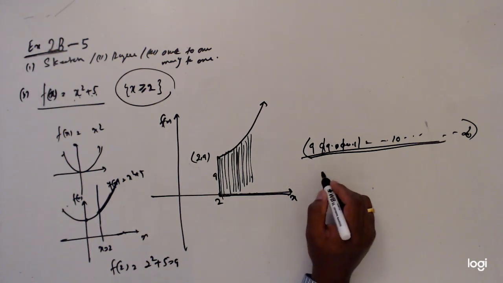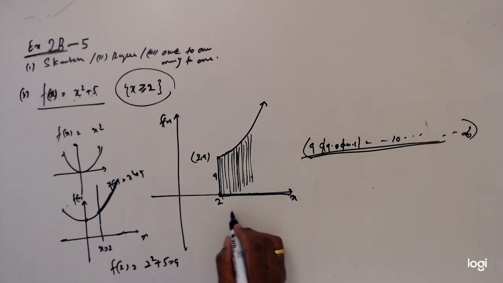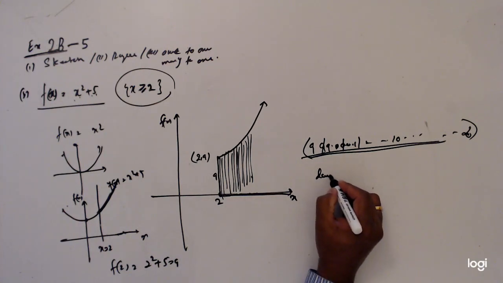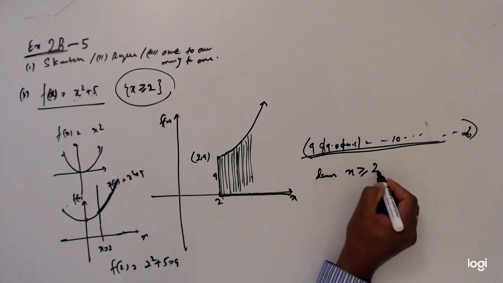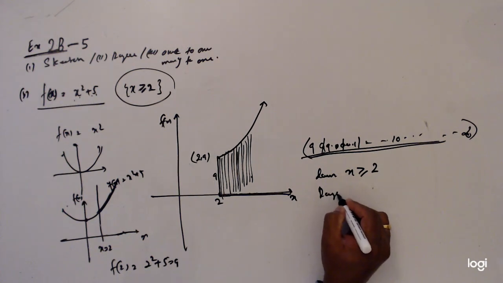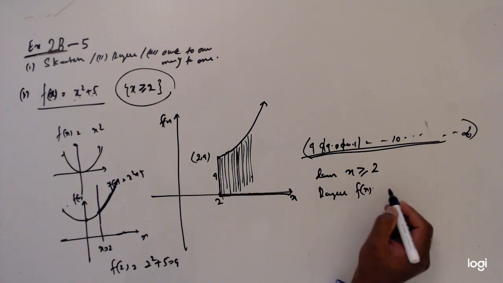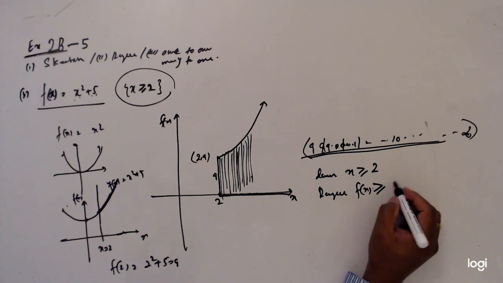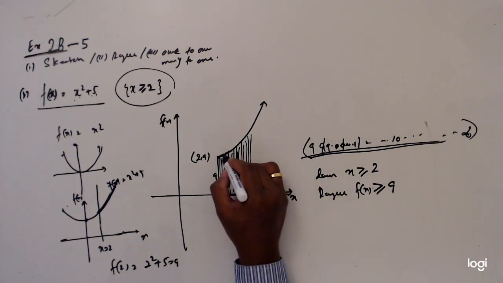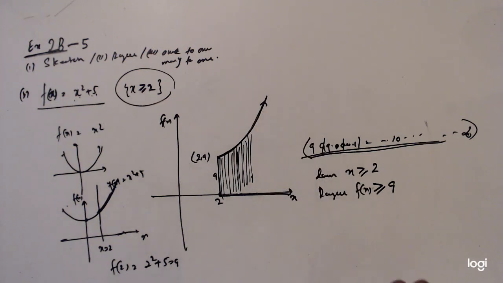So instead of writing thousands of values, millions of values, infinite number of values basically, we can simply write, domain x greater than or equal to 2, and the range, the minimum value is 9, so f(x) greater than or equal to 9. From 9 onwards, all values are fine.